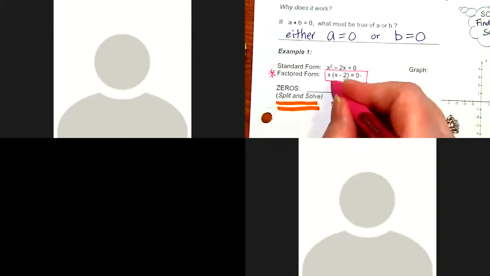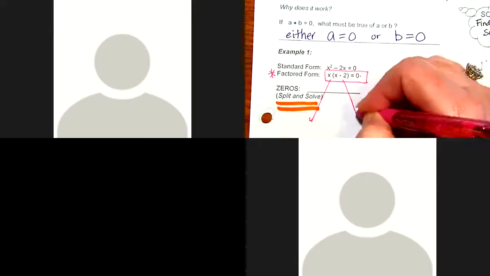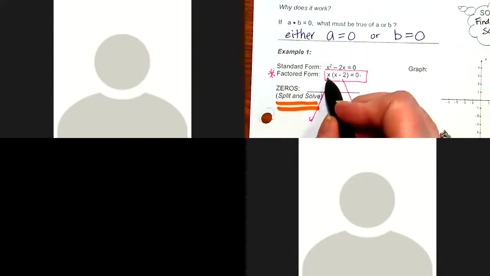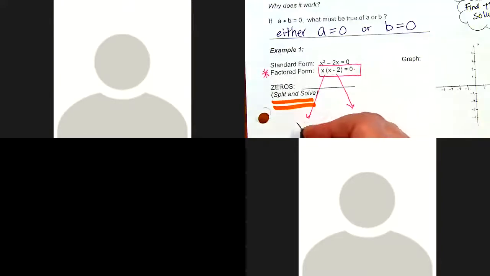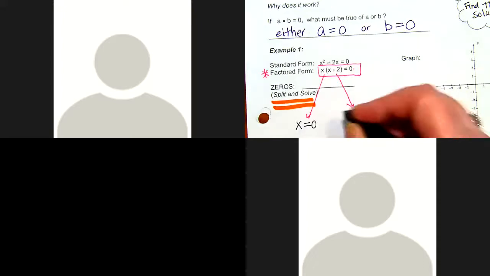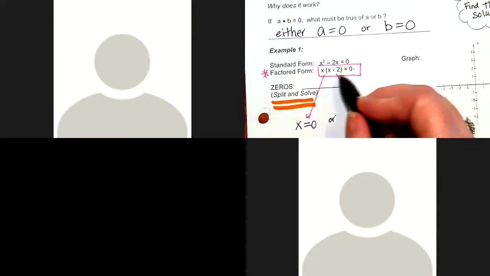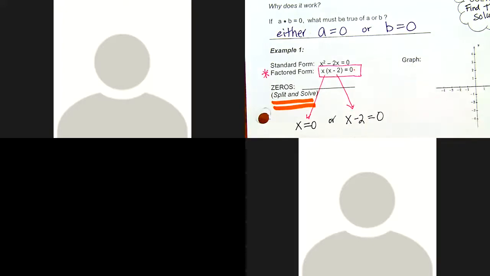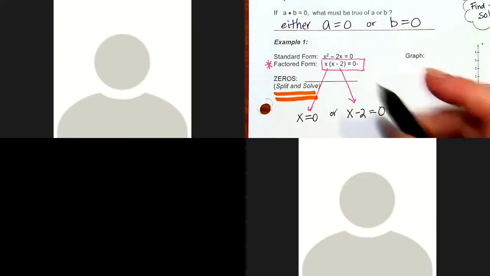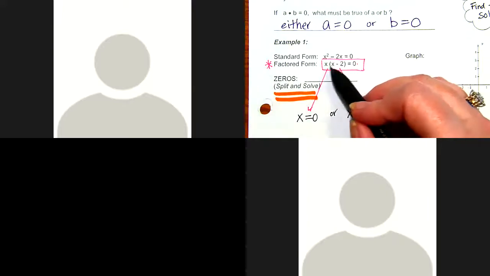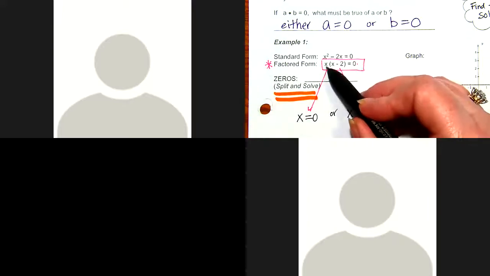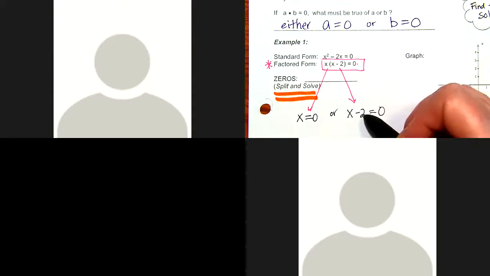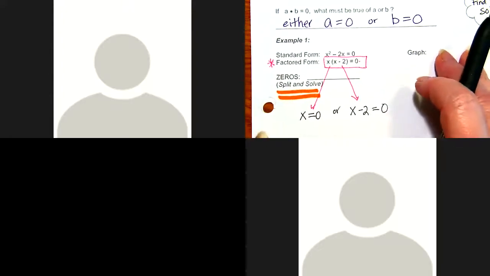I'm going to split this apart, and either this number in the front, which is x, is equal to 0, or this part in parentheses is equal to 0. If you have 2 things multiplying to 0, we can split it and find out where it's 0. There are 2 possible answers.